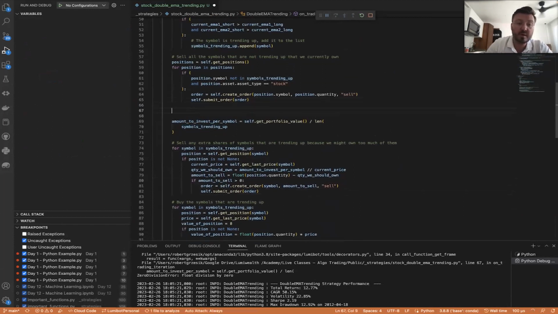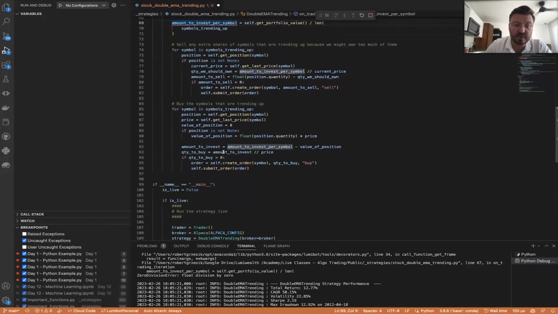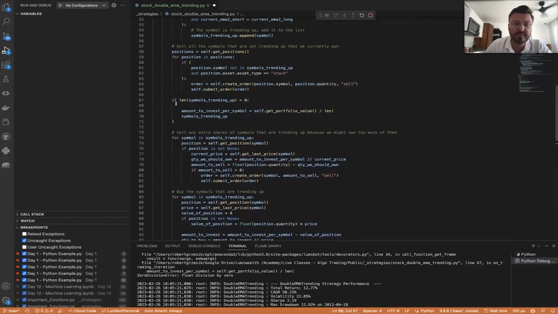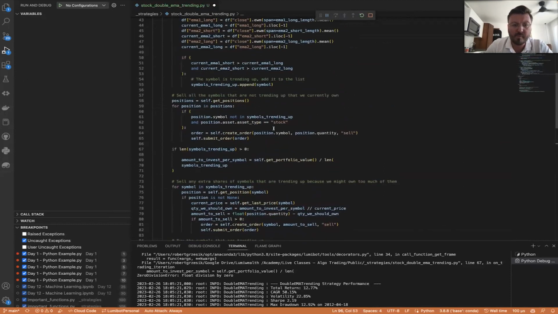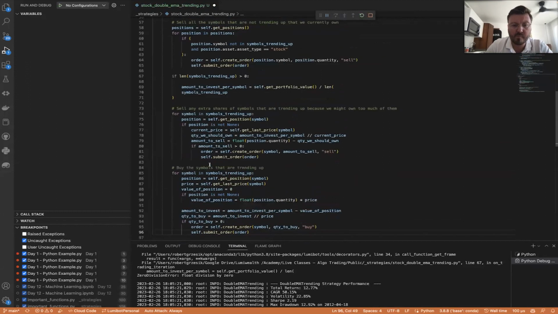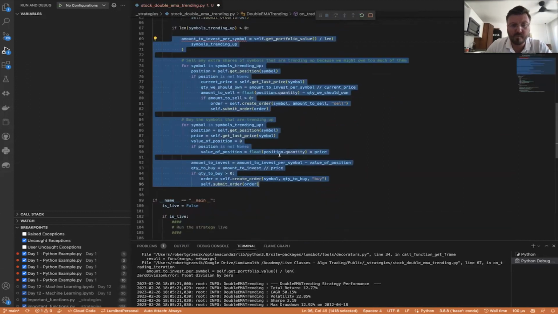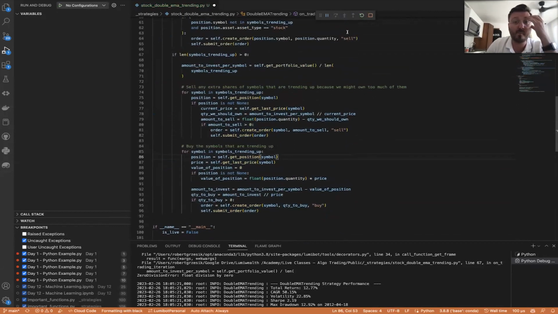So go if symbols trending up length is greater than 0, right? And then we do all that. Otherwise, we don't even go into any of this, right? Right, there we go.